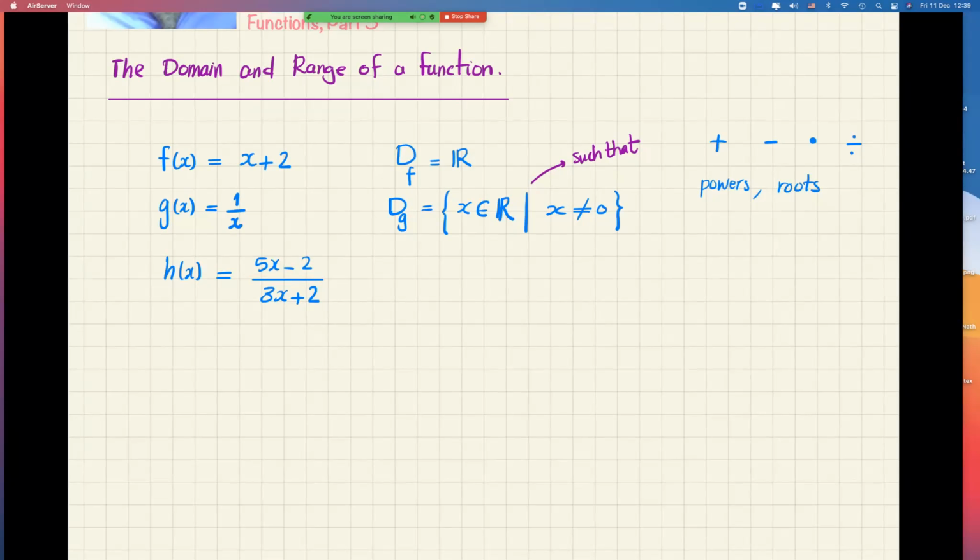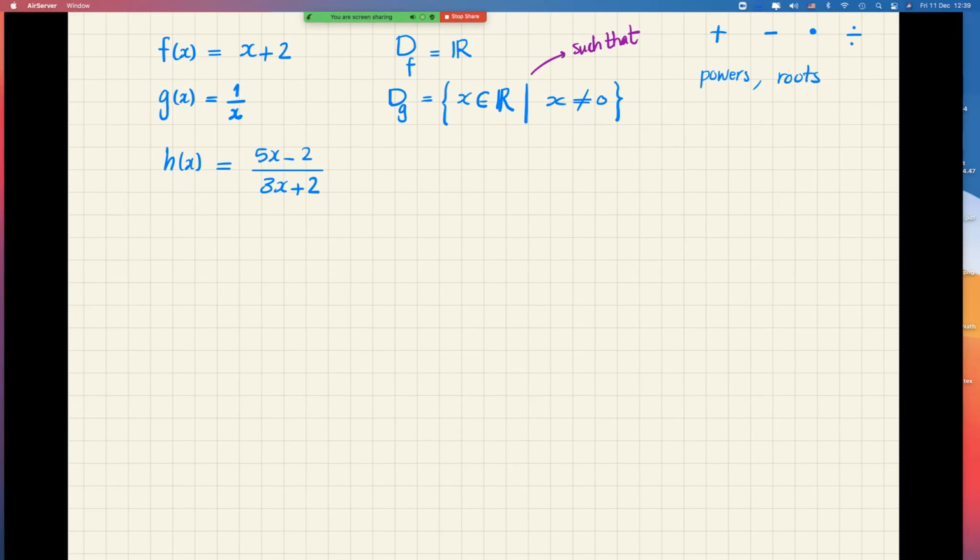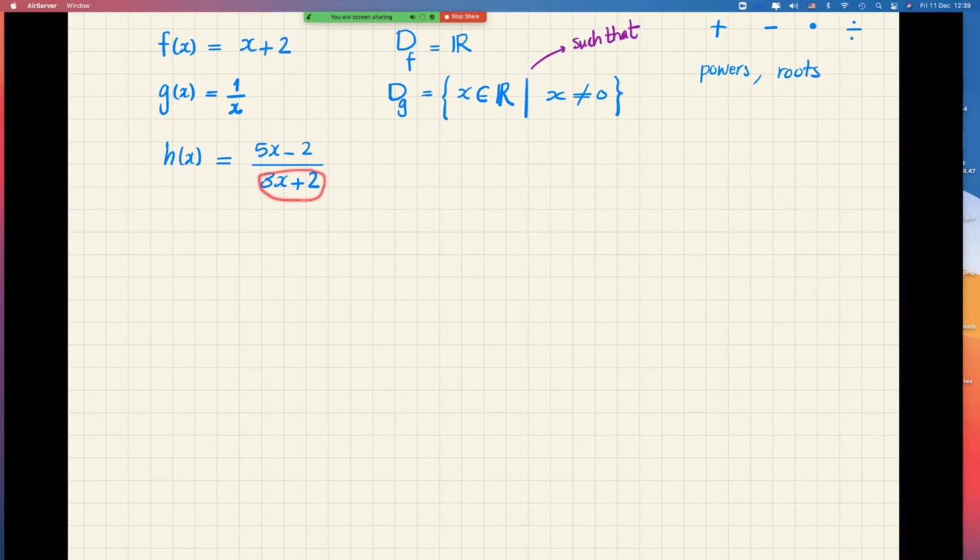This means that the denominator should not be equal to 0. As far as the denominator is not equal to 0, I am on the safe side. I can put any number for x that I like. The only probable limitation is the number that makes the denominator equal to 0. This I cannot put. If you can do it in your head, what is the number that makes the denominator equal to 0?